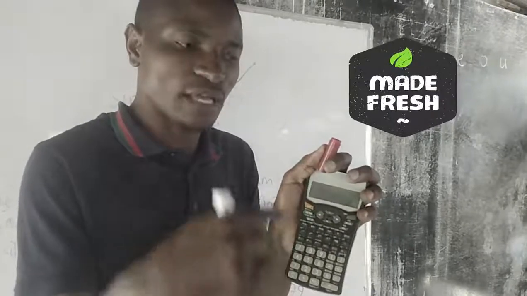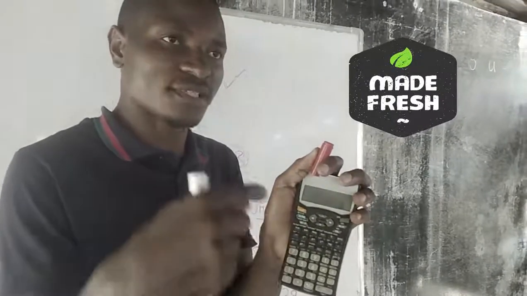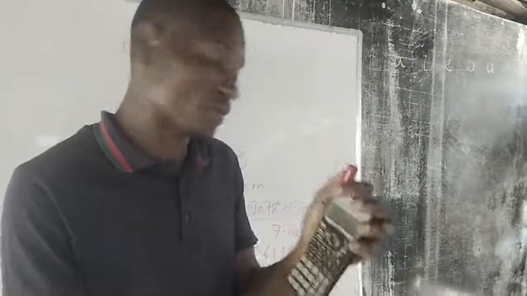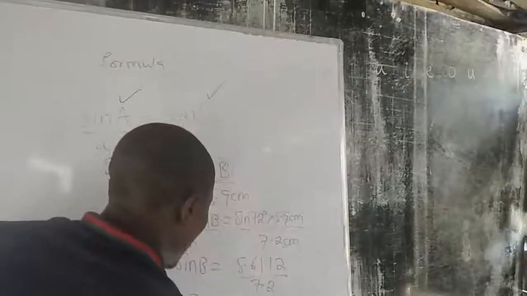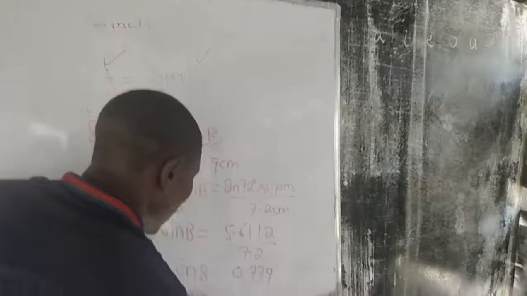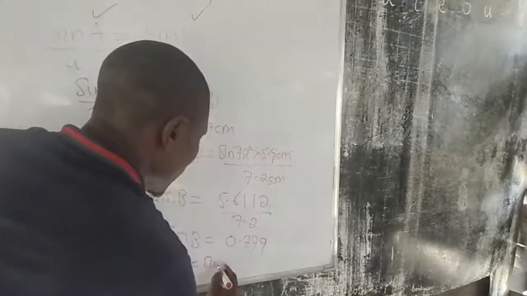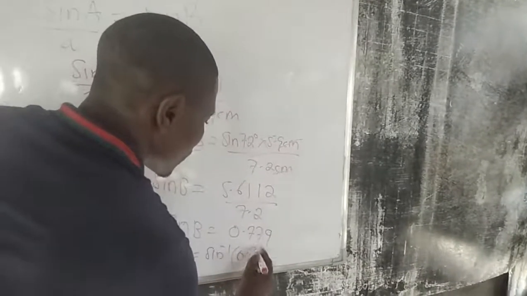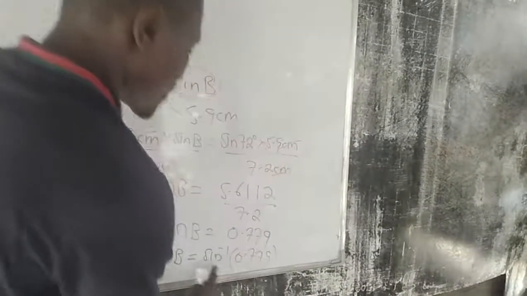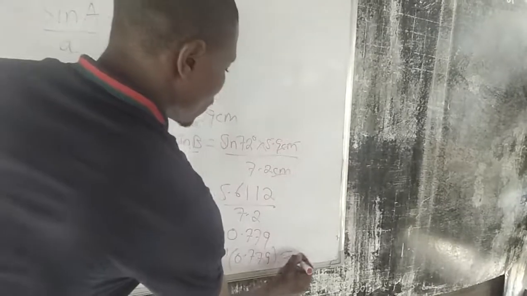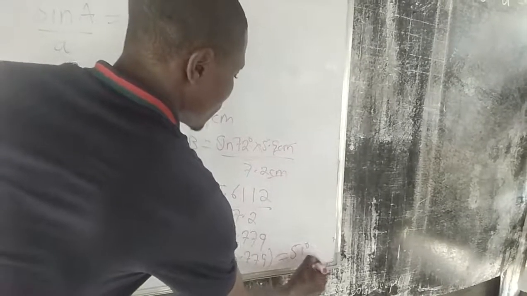That will get you a final answer, which is now 51 point something. Okay. So angle B equals sine inverse of this, which will give you 51 degrees.